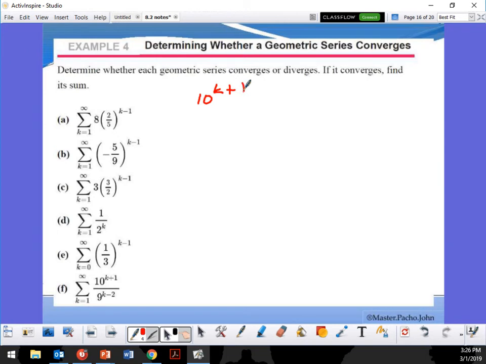And then that's going to be over 9 to the k minus 2. All right, so I need to turn my 10 to the k plus 1 into k minus 1.